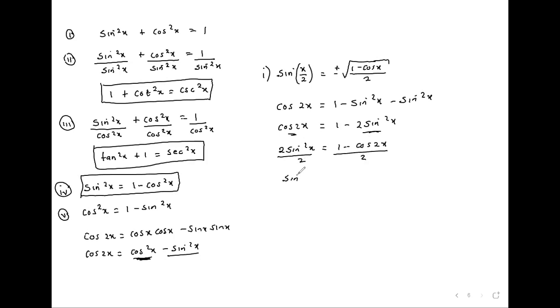So we'll have sine squared x is 1 minus cos 2x over 2. If we square root, you get sine x is plus or minus the square root of 1 minus cos 2x over 2.